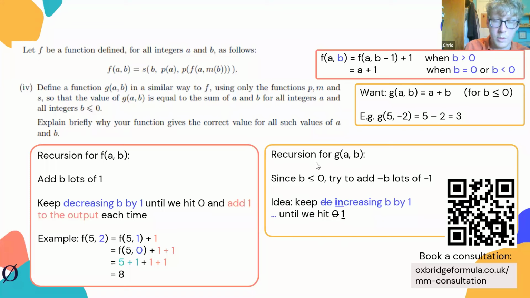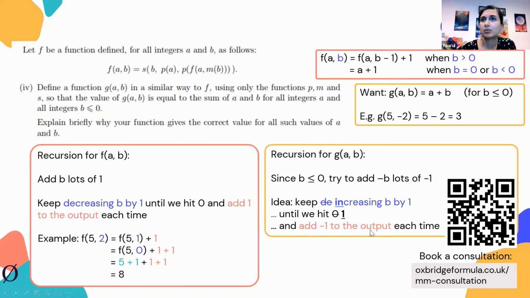So we're just going to write down, with this in mind, what you might have written down for your first go at g. So we're increasing b by 1 each time, adding minus 1 to the output each time. Let's look at what function that gives us. It's just saying if we're increasing b by 1 each time, then before we were decreasing b by 1 each time, adding 1 to the output each time, so that we got lots of plus 1s.